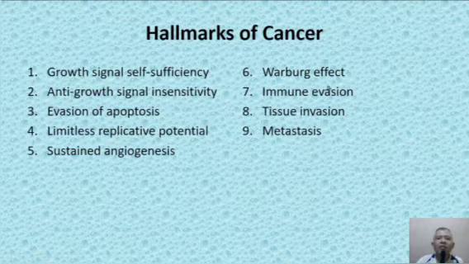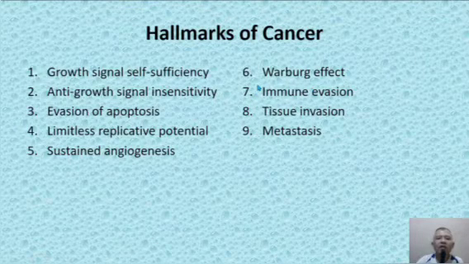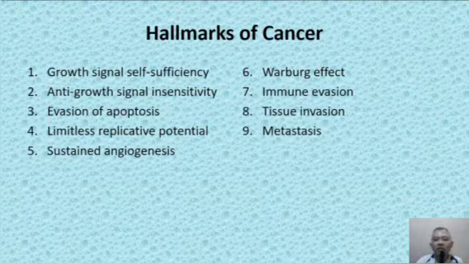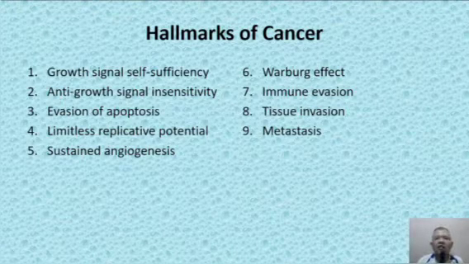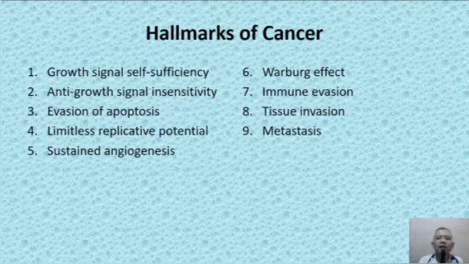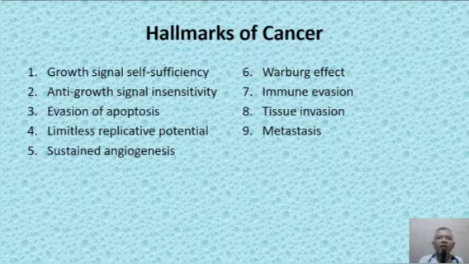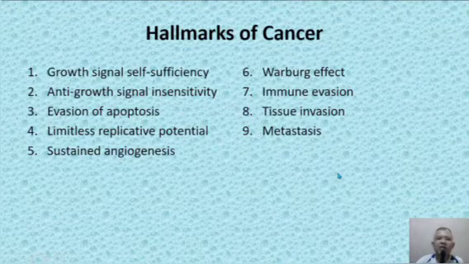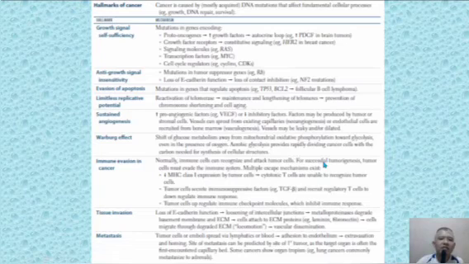Next is immune evasion, wherein the tumor is not really recognized by the immune cells, or the immune cells themselves, okay, do not have the capacity to destroy these tumor cells. Okay, then invasion and metastasis. So you can always review. So what I just mentioned to you is indicated here.